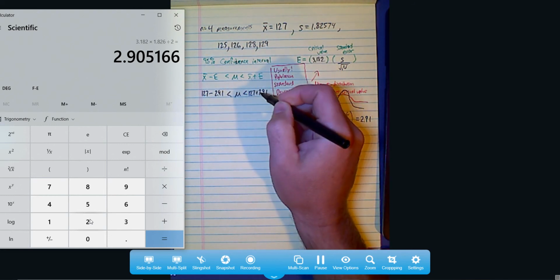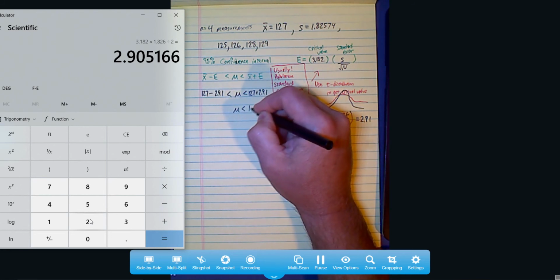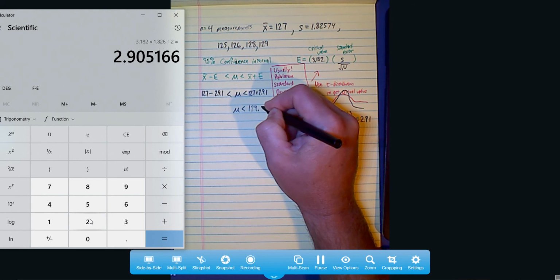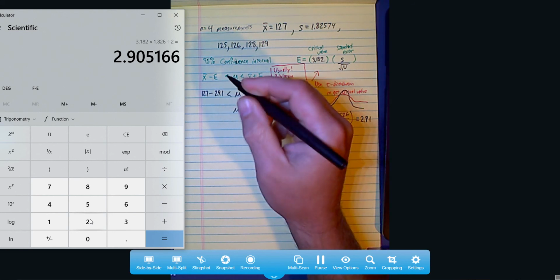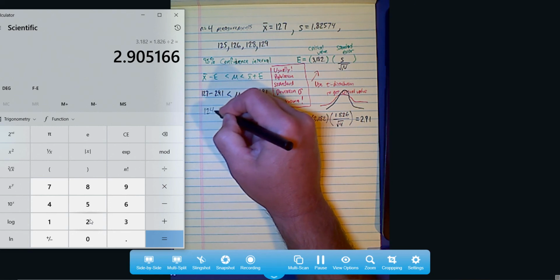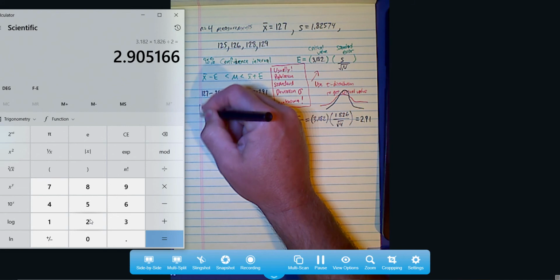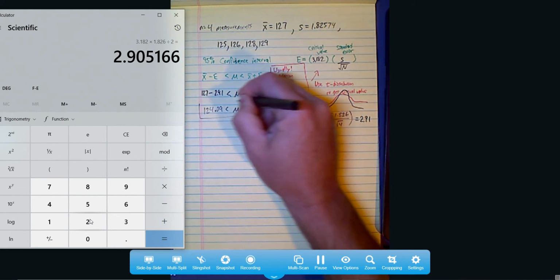And so let's see. I'm getting that mu is between 124.09 and 129.91. So this is my confidence interval.